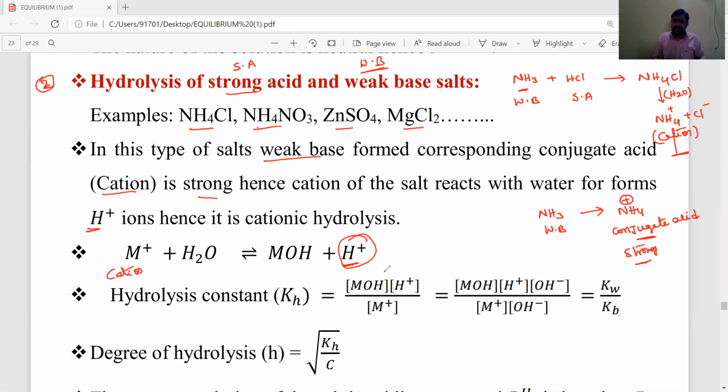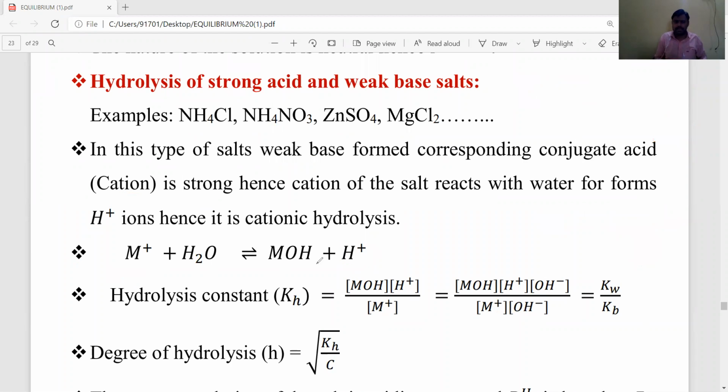Now, it exists in an equilibrium state, so that equilibrium constant is called the hydrolysis constant. For the above reaction, the hydrolysis constant, also known as the equilibrium constant, is equal to the concentration of products, MOH times H+, divided by M+.